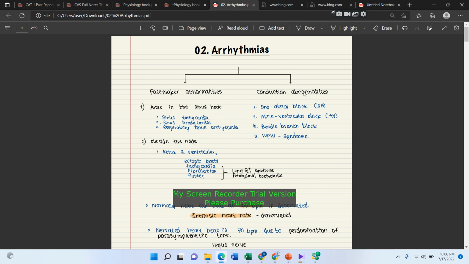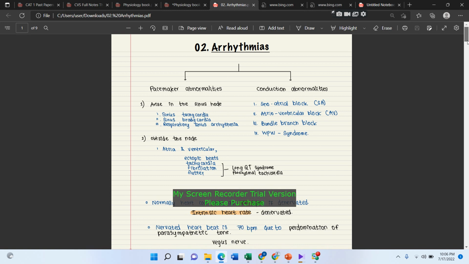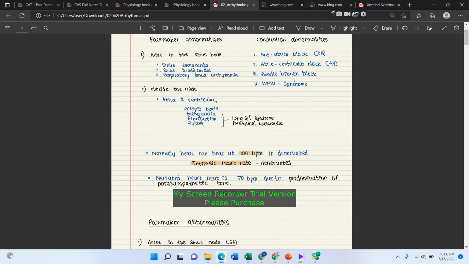The conduction abnormalities are sinoatrial block, atrioventricular block, bundle branch block, and WPW syndrome. Long QT syndrome and paroxysmal tachycardia can be reasons for atrial and ventricular tachycardia, fibrillation, and flutter. So these things go together.